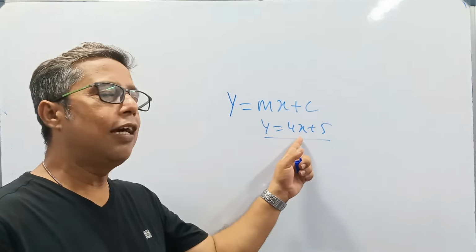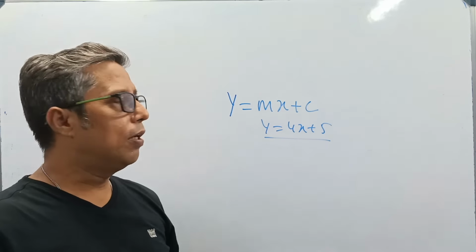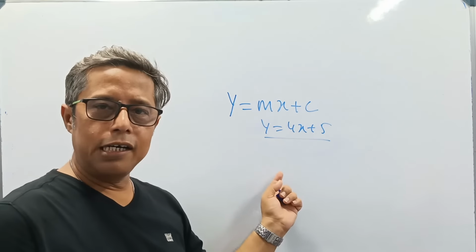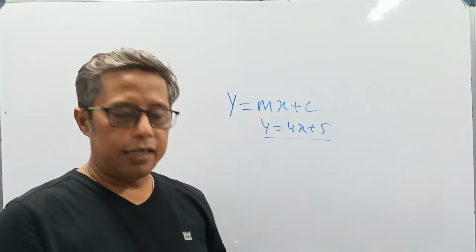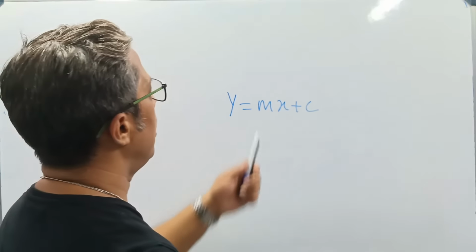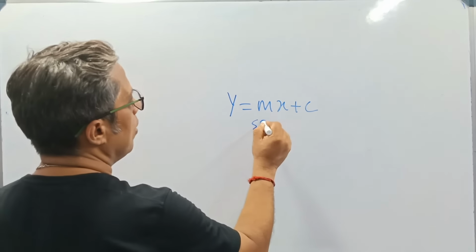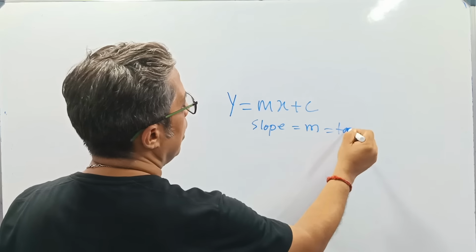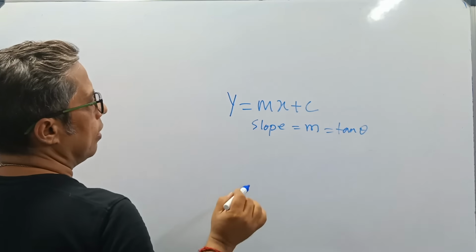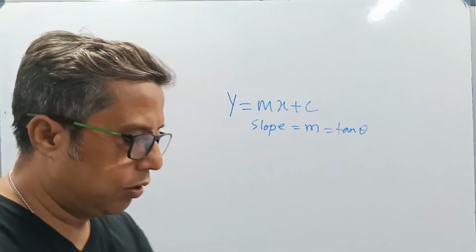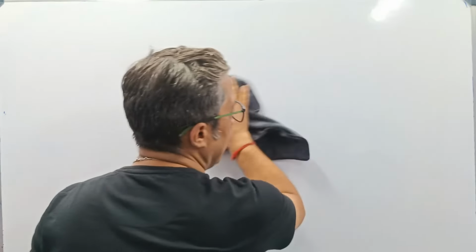When you solve this, you will get a straight line. If you plot the data, it will be straight line data. Here, this is the standard equation of a straight line, and we say the slope is equal to m, or tan theta. Now I'll help you understand what this actually means in real life.